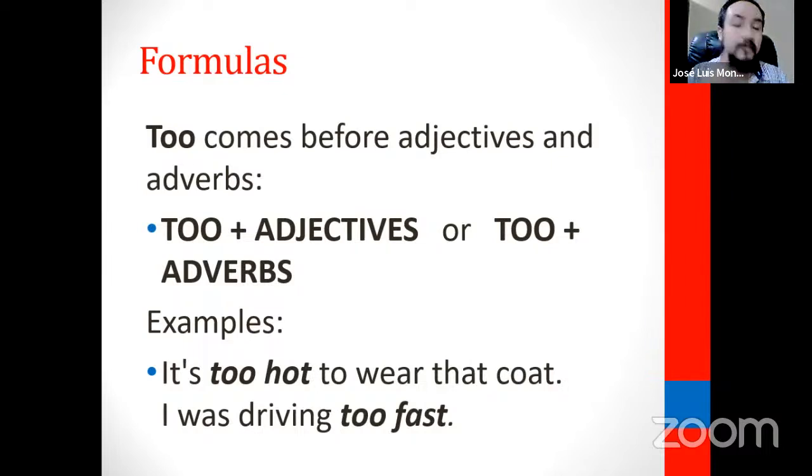Adverbs describe verbs, actions, or they can even describe other adjectives, or other adverbs. Adverbs describe everything, but mainly actions, verbs. And as you said, they answer the question how. How was I driving? I was driving too fast.